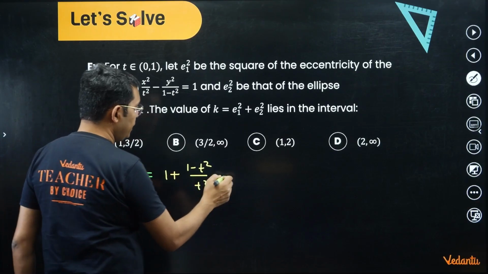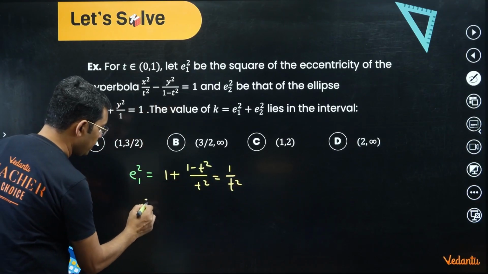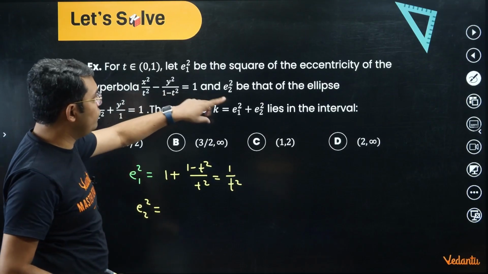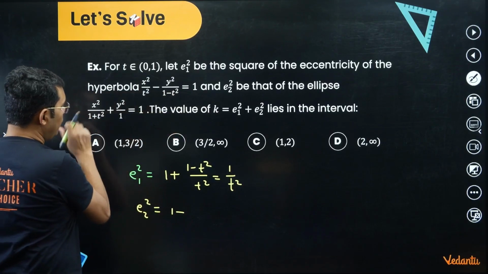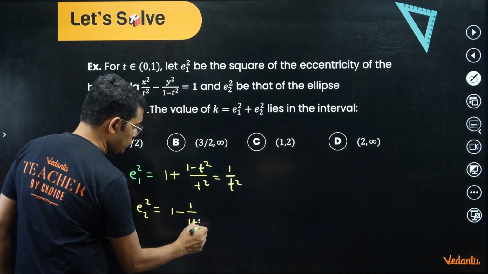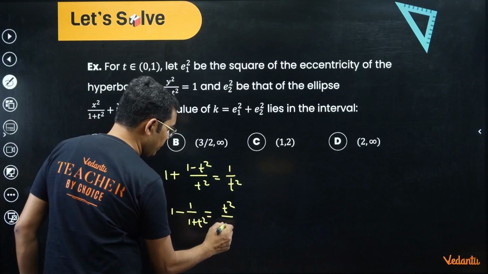If you take LCM, it will become 1 upon t square. And then e2 square, the square of eccentricity of this ellipse, will be 1 minus b square upon a square, so 1 upon 1 plus t square. If you take LCM, this will be t square upon 1 plus t square.